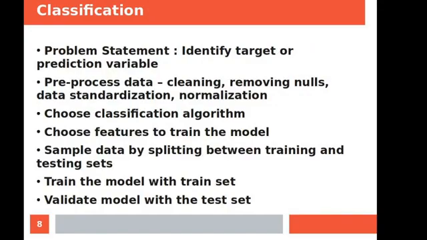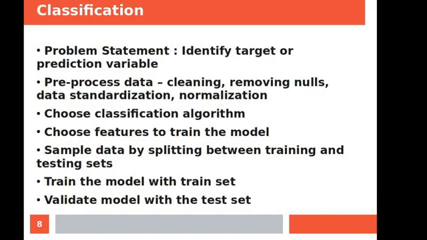Now, how to build a classification model. The first thing is to identify your problem statement, identify what your target variable is, what the prediction variable is. Then you will pre-process the data by cleaning up or removing the null values, replacing the missing values, standardizing and normalizing the data.